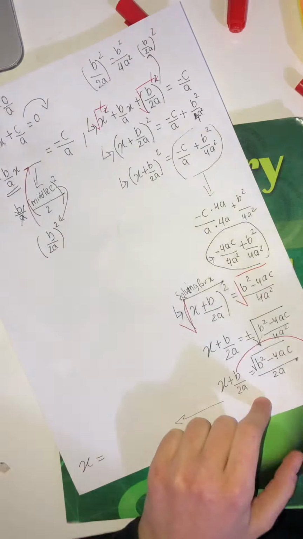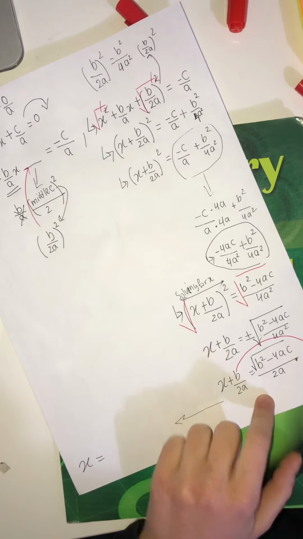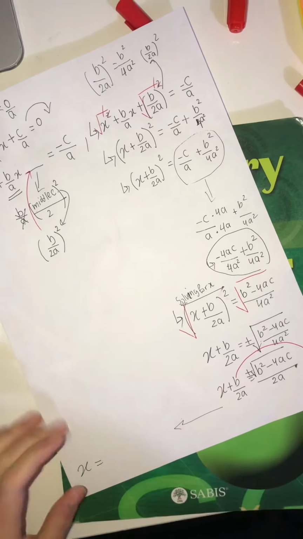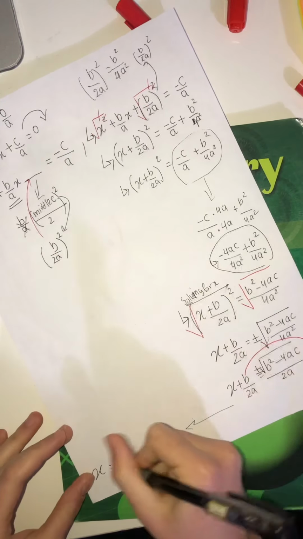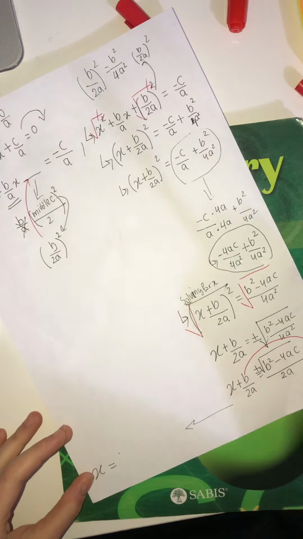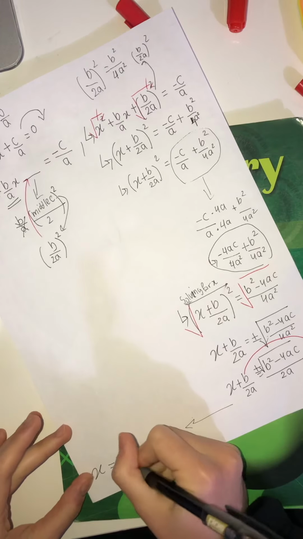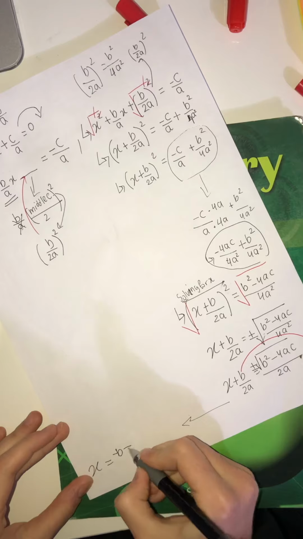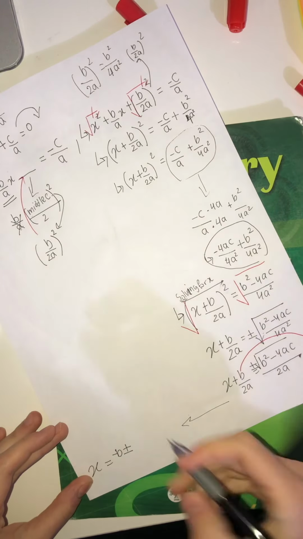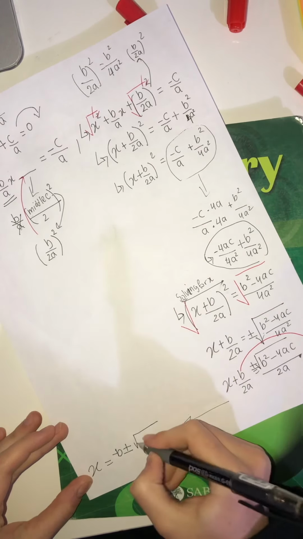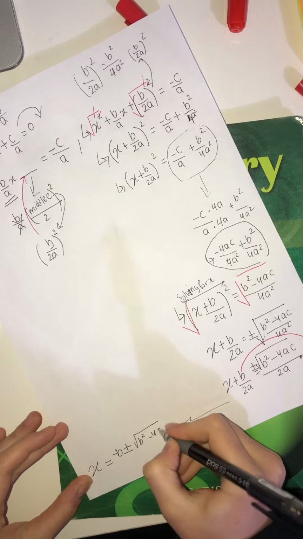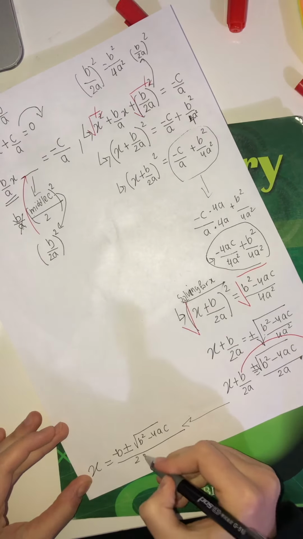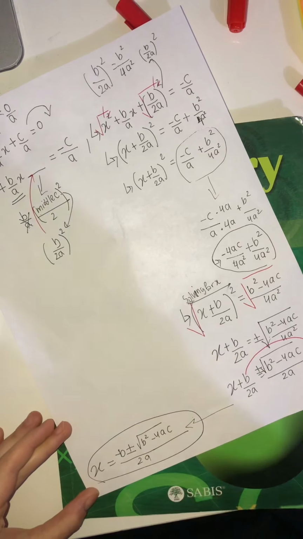So that's going to be negative b, plus and minus, because of the square root, the square root of b² minus 4ac, same denominator, so I'm just going to write 2a. And that's how you derive the quadratic formula.